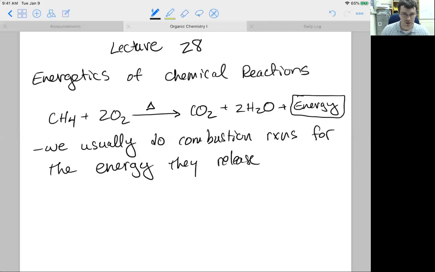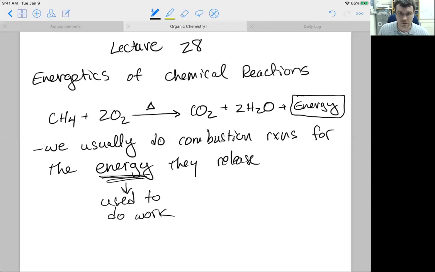We have energy that's released. That's what we care about. Why do we care about the energy? The energy is used to do work. We looked at this last time. We looked at work. This is the stuff that actually happens when energy is released.